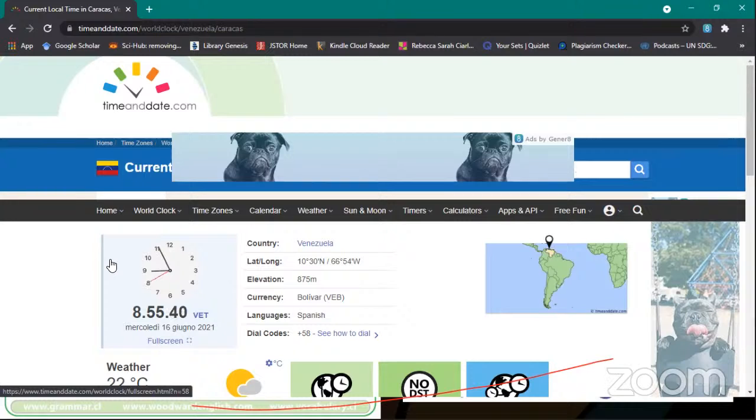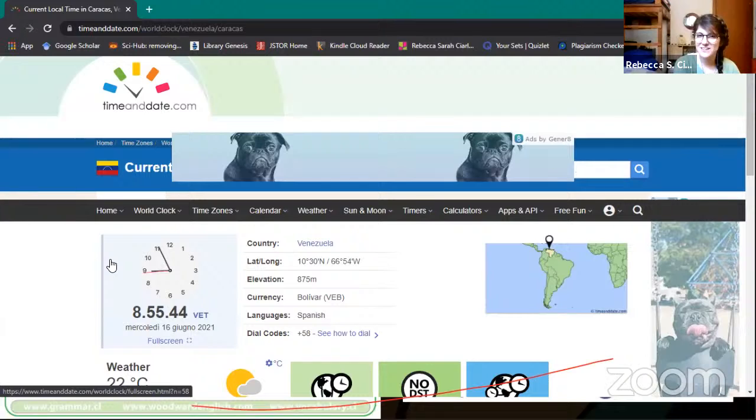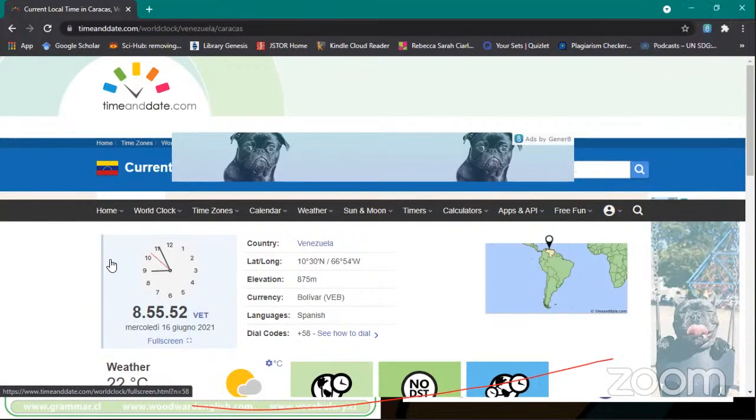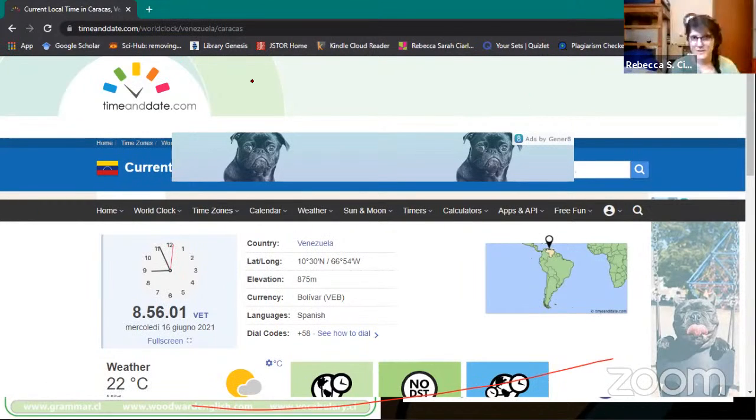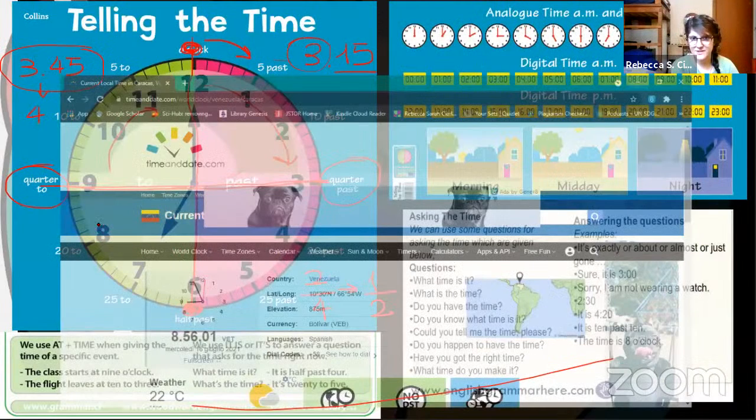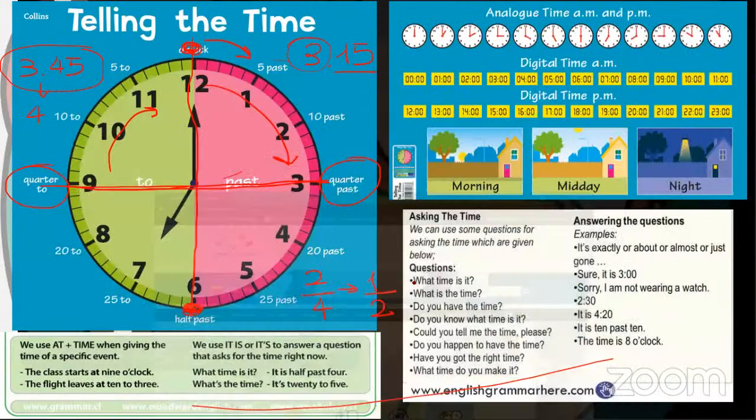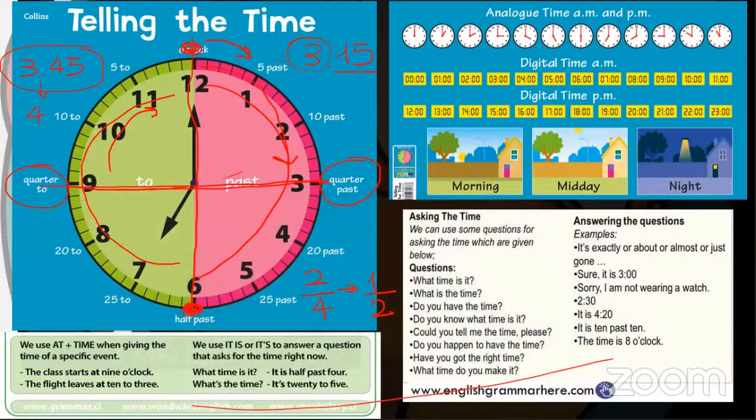Yes. So this one, the big hand, is it in the first half or in the second half? So this is the first half and this is the second half. In the second half.